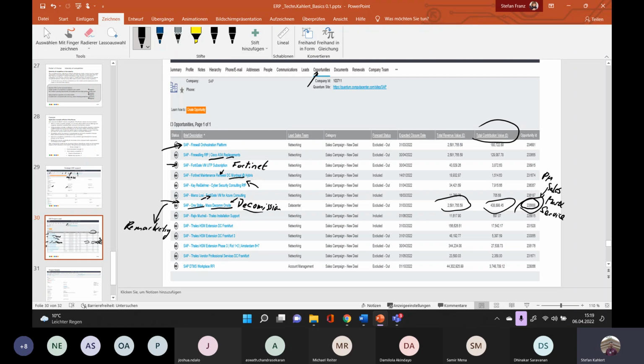So each piece of information can be accessed via this opportunity ID number. In the past it was project number, now it's opportunity ID, because I think it sounds more positive than just project number.